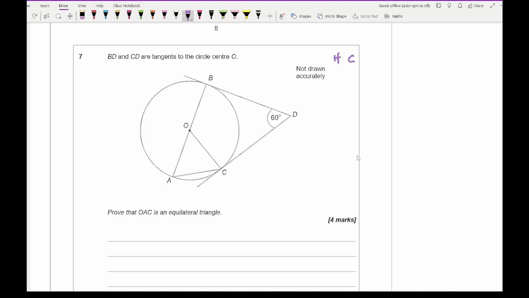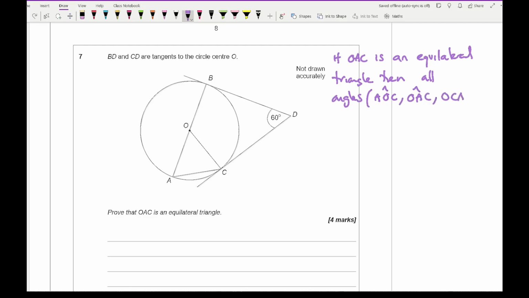If OAC is an equilateral triangle, then all angles in terms of AOC, OAC and OCA are all going to equal 60 degrees.